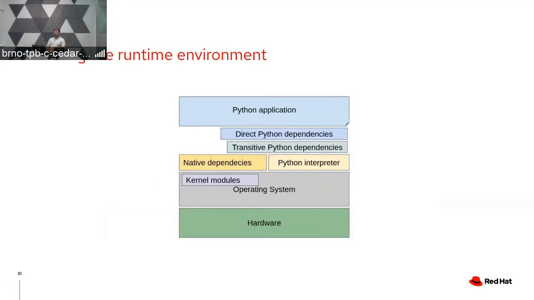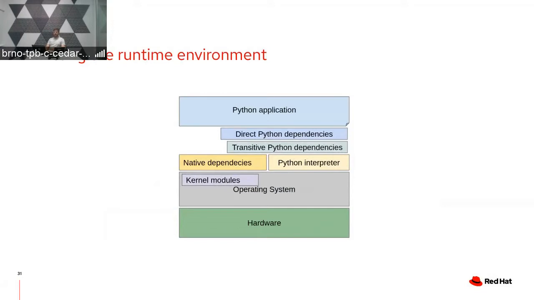Or it can be a native dependency like CUDA for communicating with hardware and operating system kernel modules. The operating system itself creates another layer that is in kernel space, unlike user space that we've talked about, and all this software runs on top of some hardware.